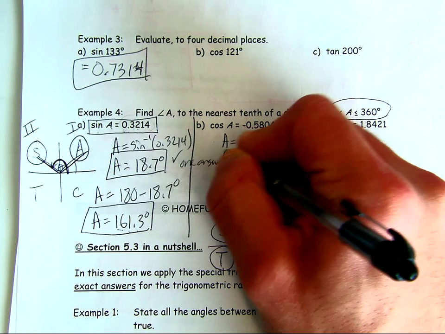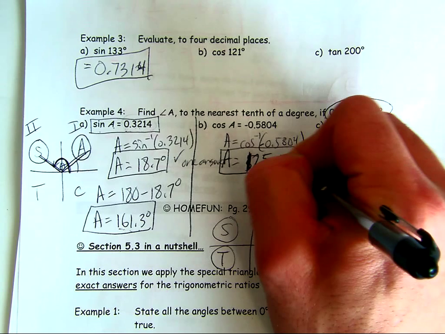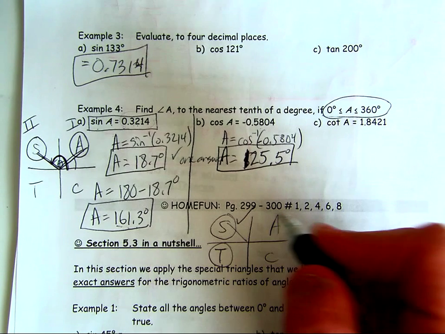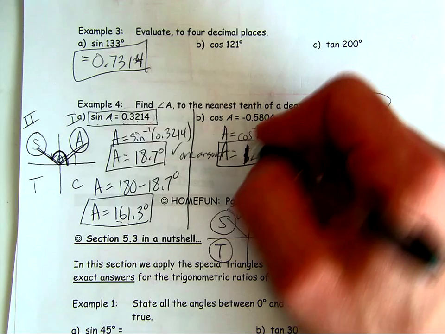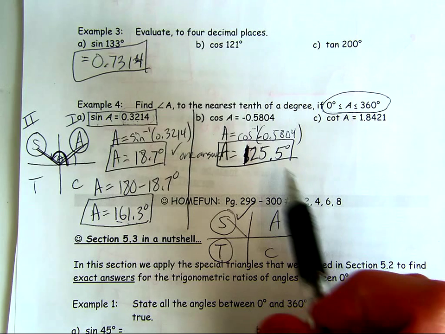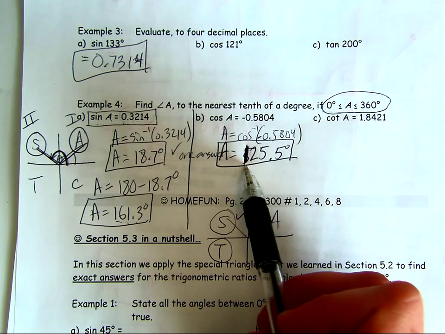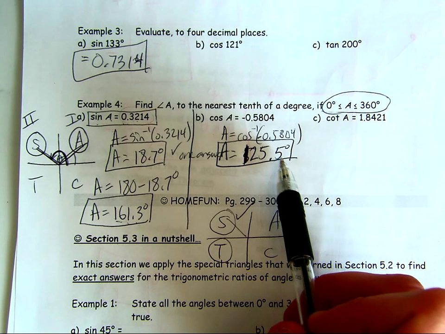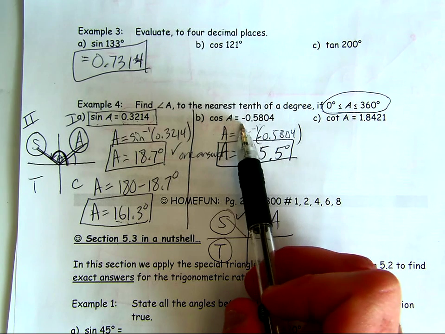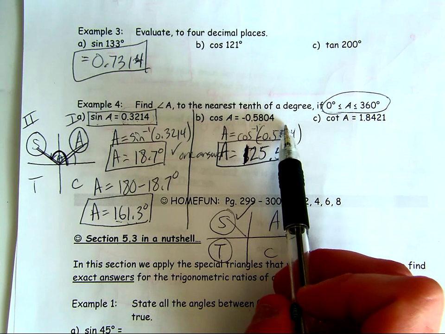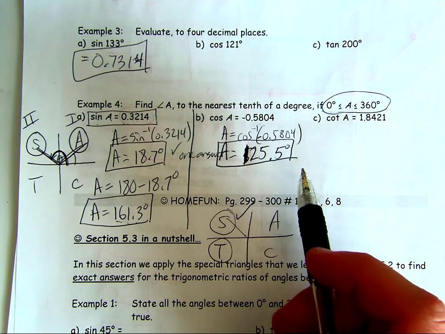Now, is this one of the correct answers? Yes, it is. This is the answer in quadrant number 2. And if I did the cos of 125.5, it should give me this number, negative 0.5804, or very close to it because this is rounded.